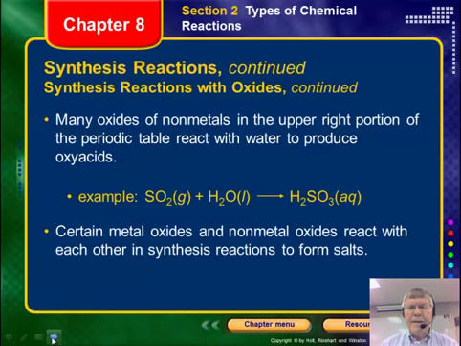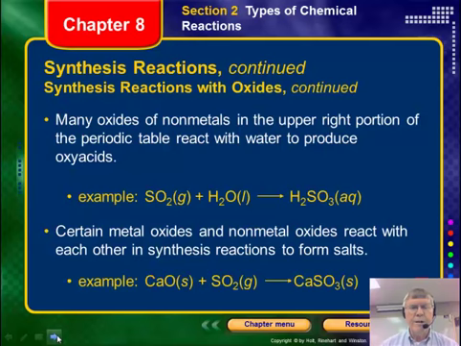Some metal oxides and nonmetal oxides will react with each other to form salts. So you see the case of CaO, calcium oxide, plus sulfur dioxide produces calcium sulfite, CaSO3. And that's the last slide in our video on synthesis reactions.